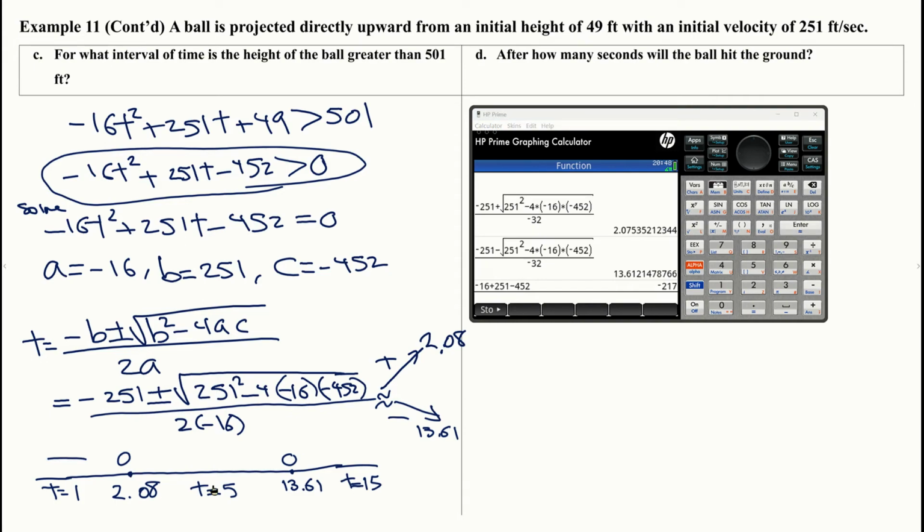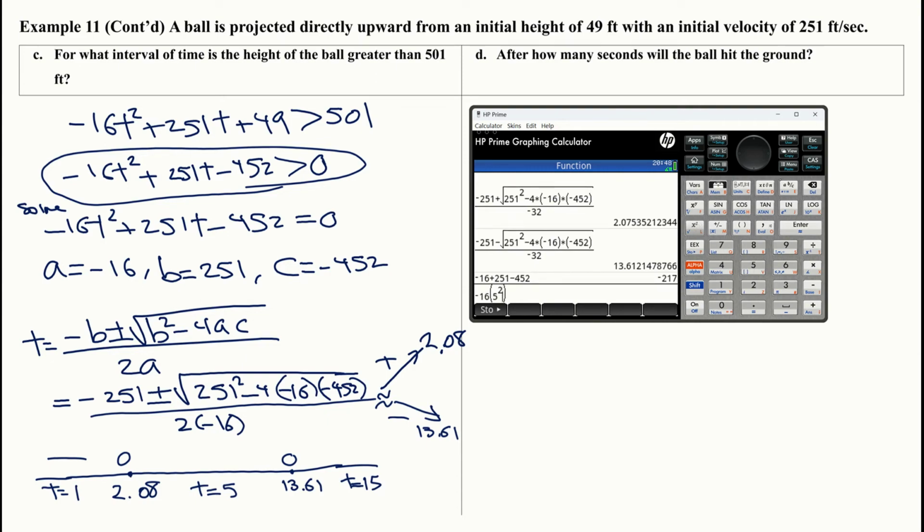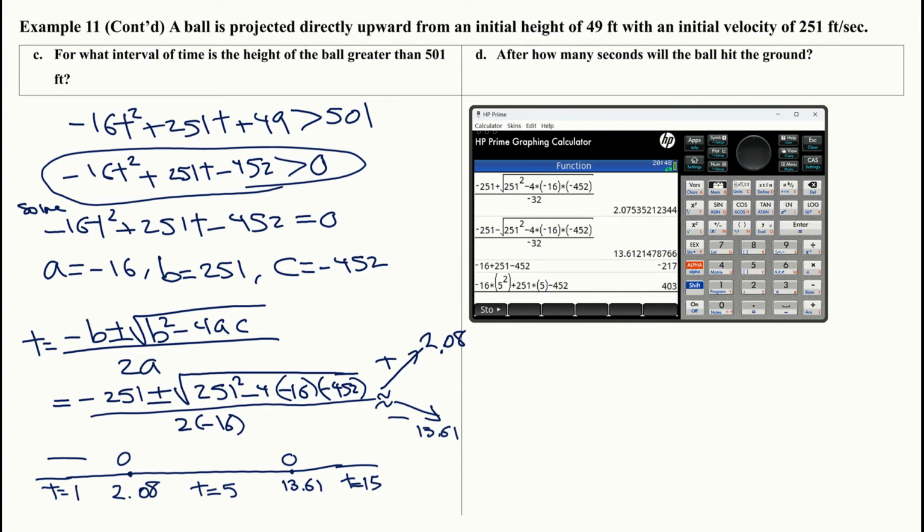Now I test 5, so I'm just going to say negative 16 times 5 squared plus 251 times 5 minus 452. It's positive.